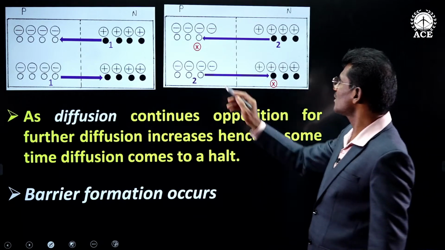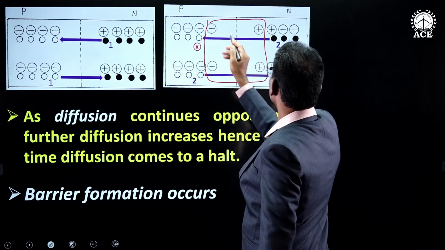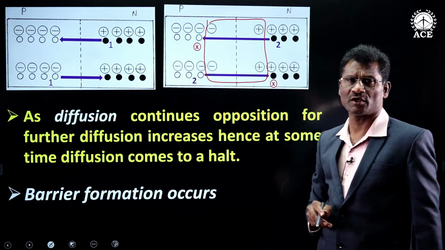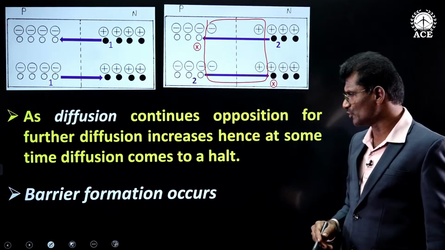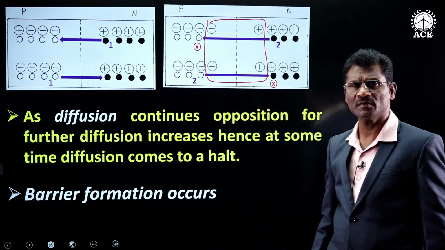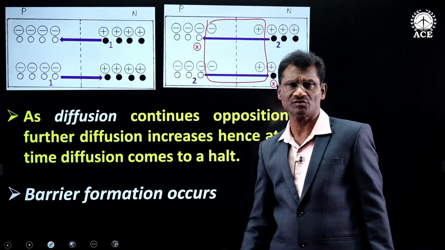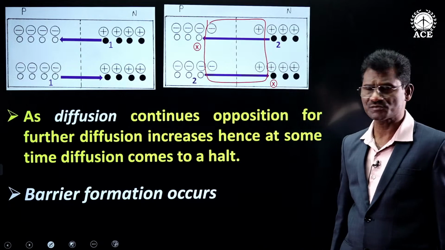Now these central positive and negative ions are opposing diffusion and hence given the name barrier. Remember that barrier is a normal English word which means an obstacle.